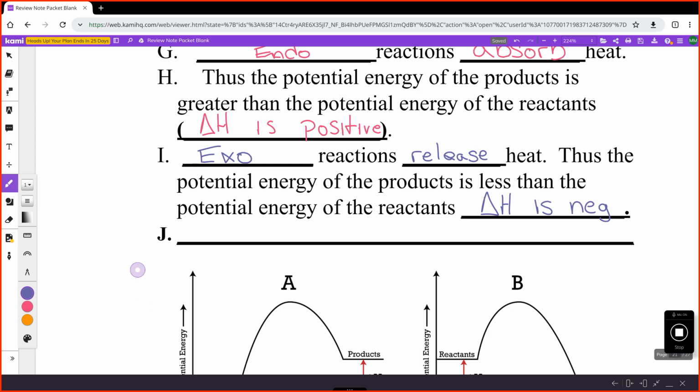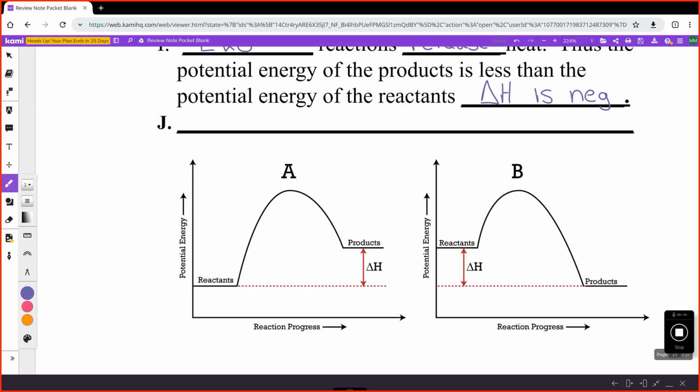And these graphs show potential energy curves. They show the amount of energy from a reactant to a product. So if we just look at them, we can see the difference between them, which is the reactants start low and end high in this one, versus the reactants starting high and the products ending low. These two represent two different types of potential energy diagrams.